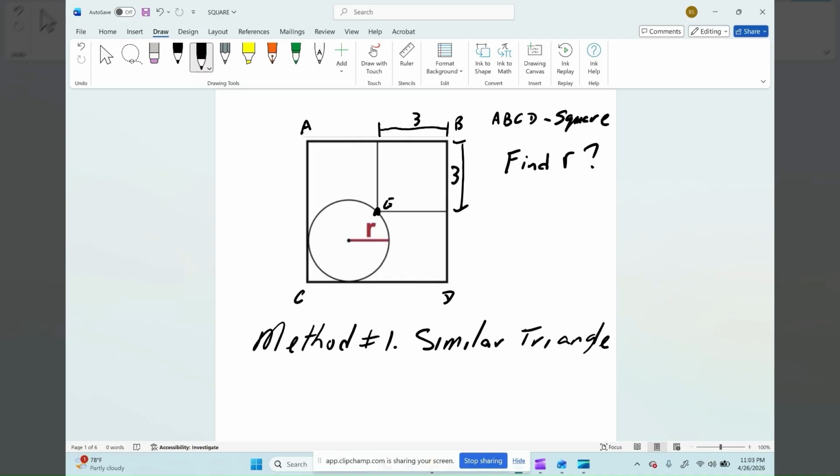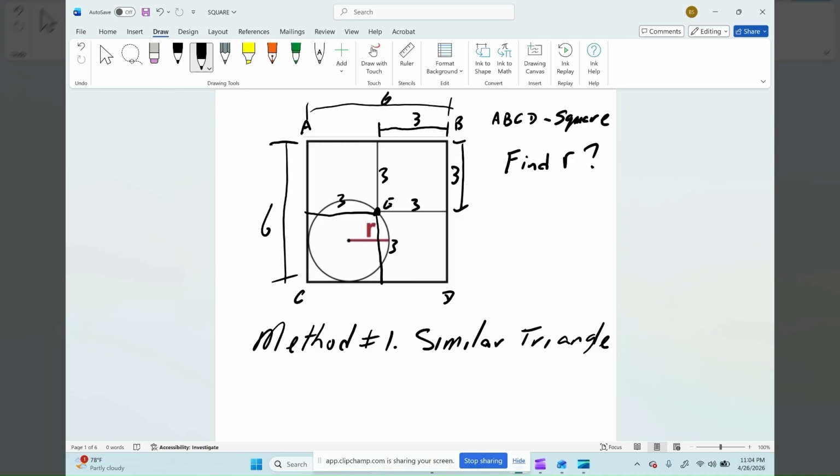Before we get started, let's establish some facts about this shape. Since ABCD is a square, let's establish that this length is 6 and this length is 6. We have 4 squares in here, and each of them has length 3.